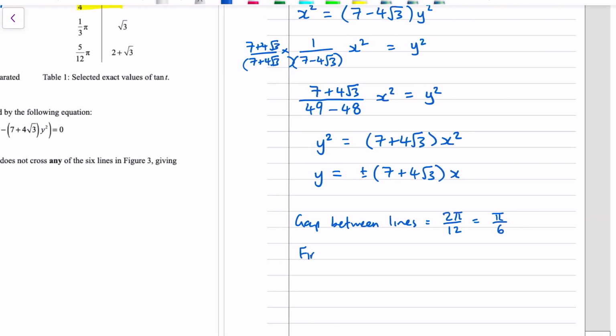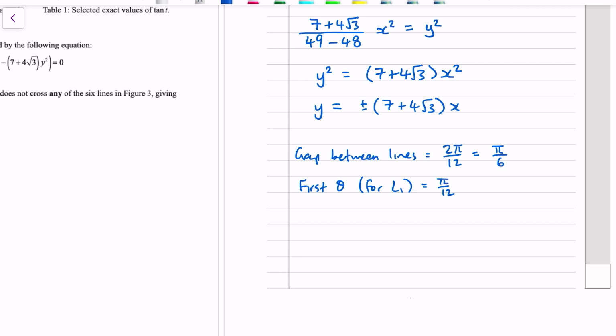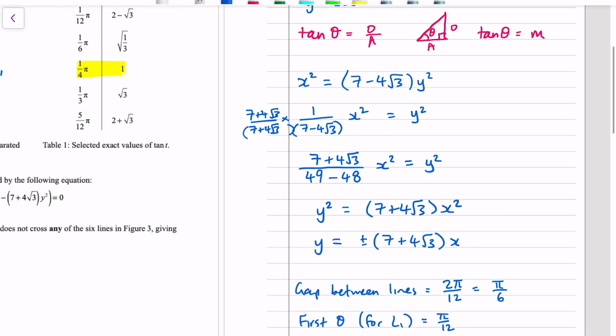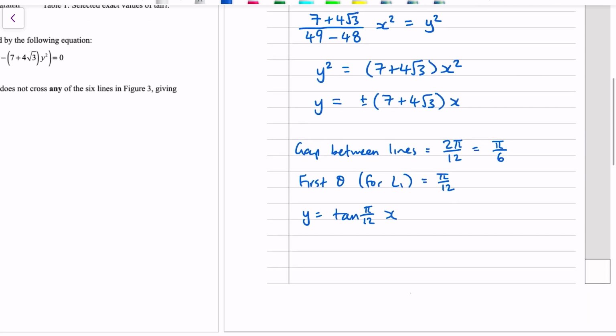First theta for L1 equals pi over 12. So the slope of it is tan of pi over 12. So the equation will be y equals tan of pi over 12 times x, and we're given that one. Tan of pi over 12 is 2 minus root 3. 2 minus root 3 times x. And remember that's y.